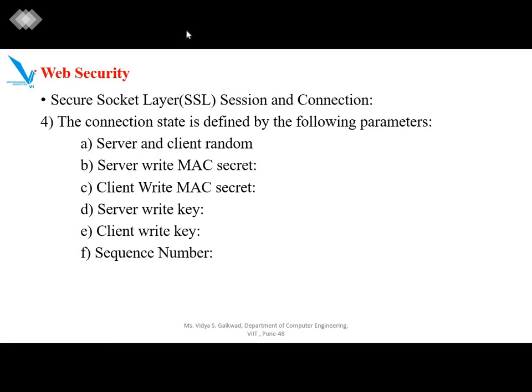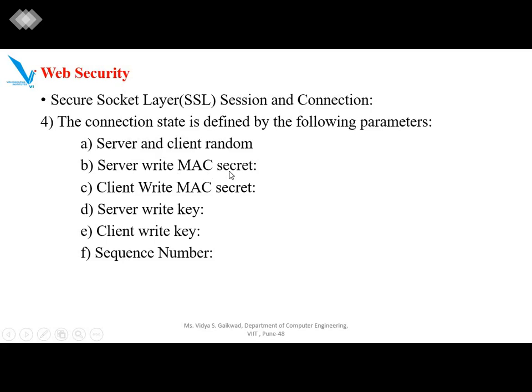Okay. So first is server and client random. What does it mean? For each connection, both the client and server generate random data. Right? That means while sending a message, they will generate a random number for every new connection.